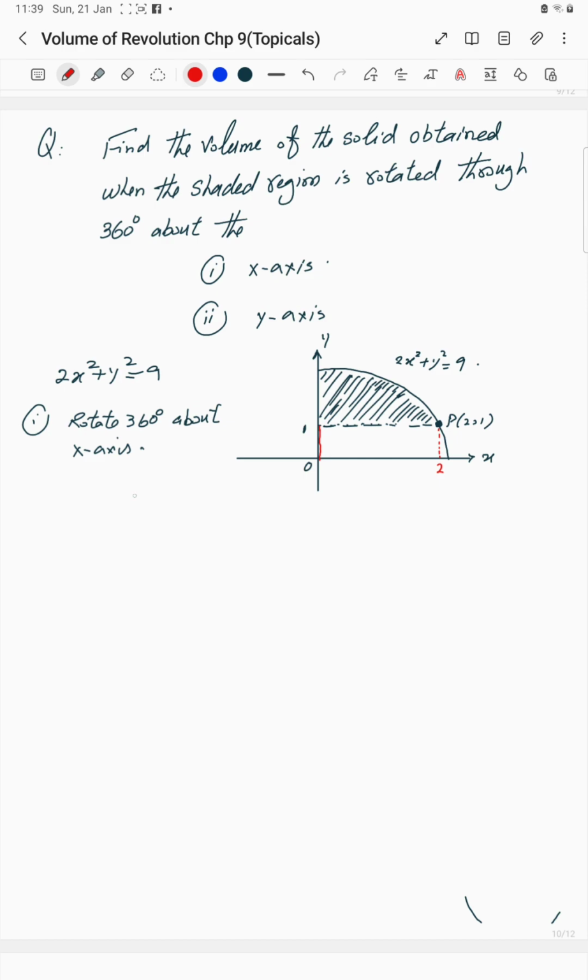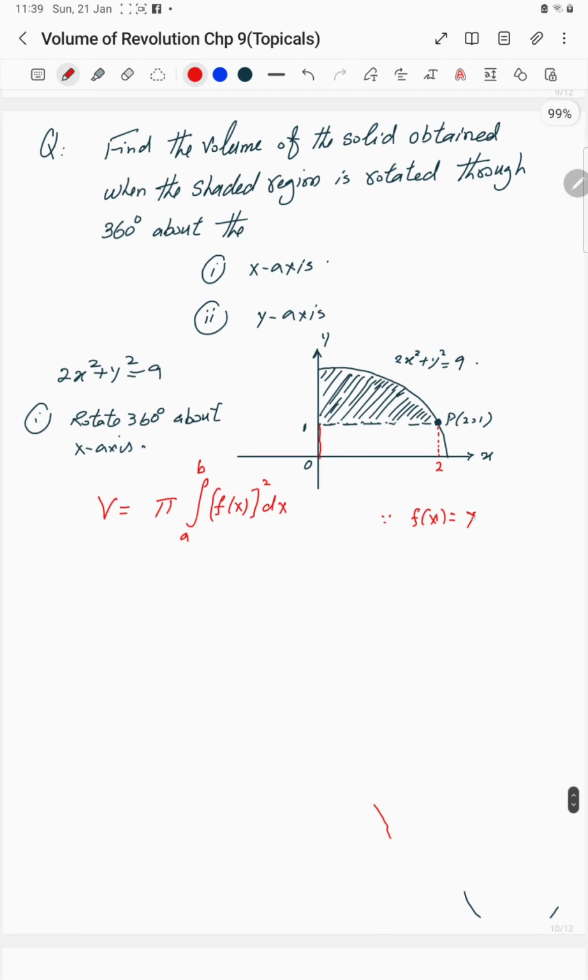Then we can apply the rule, that is volume is equal to pi times integral a to b, f of x square dx. For your record, f of x equals y. So first we need to make y the subject to write it here.